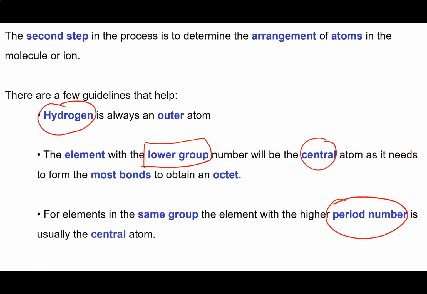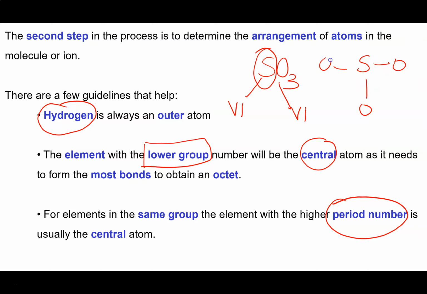So a good example of this is a compound like sulfur trioxide. Both of these are in group 6, but sulfur lies further down, it's in period 3, versus oxygen that's in period 2. So sulfur will be my central atom and my oxygens will go on the outside.